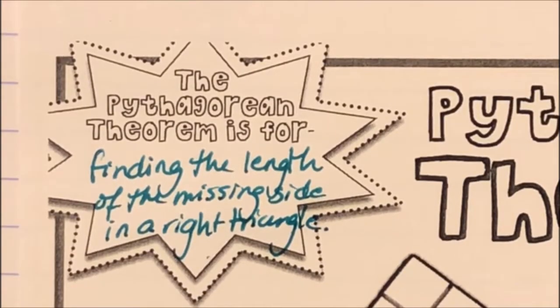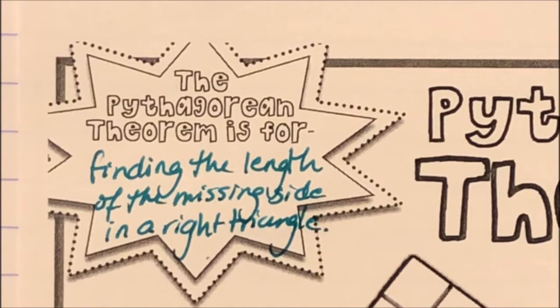So the Pythagorean theorem is for finding the length of the missing side in a right triangle.